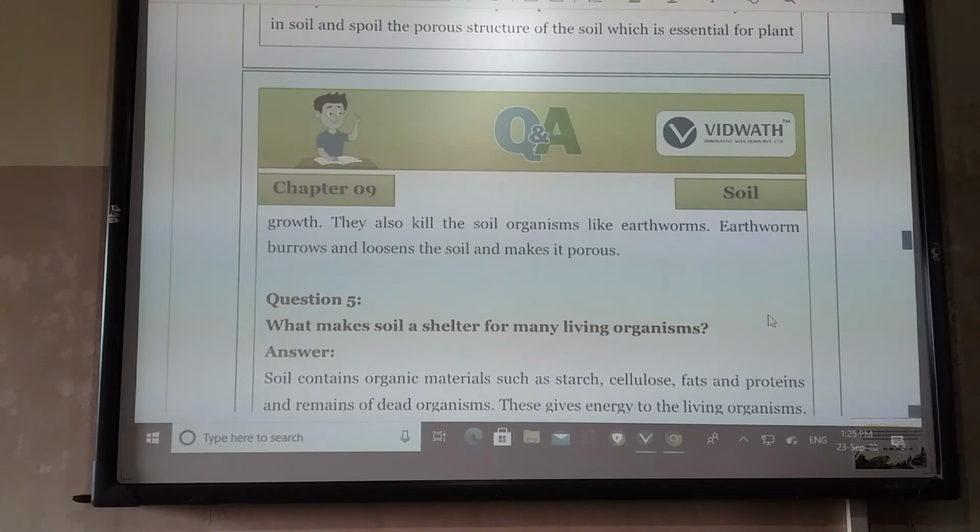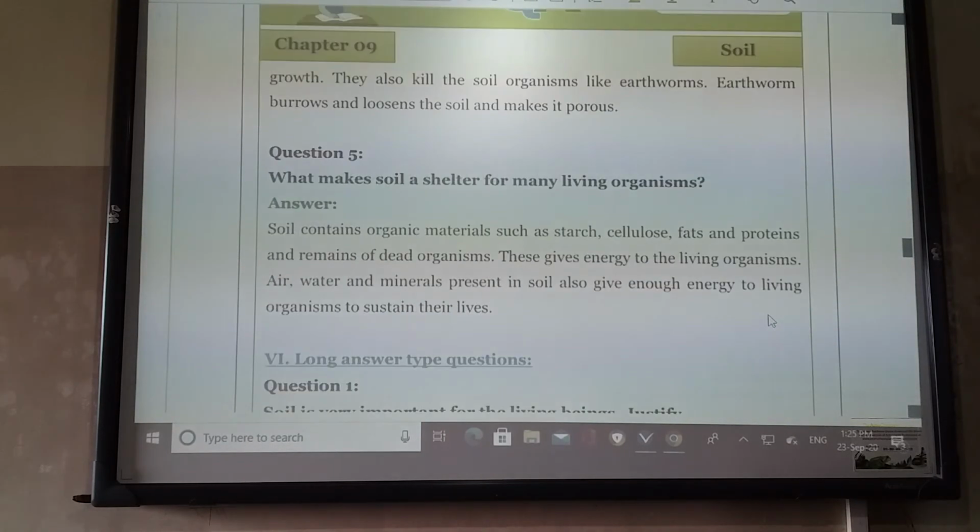Why is soil a shelter for many living organisms? Without soil we cannot be alive, right? It is a shelter for many living organisms, even human beings. Soil contains organic materials such as starch, cellulose, fats, proteins and remains of dead organisms.